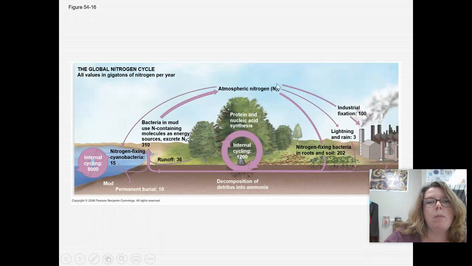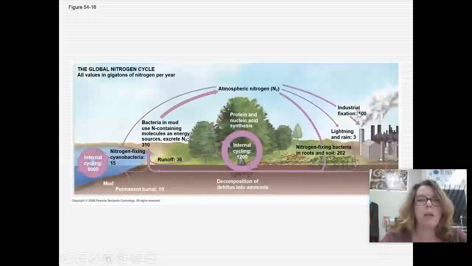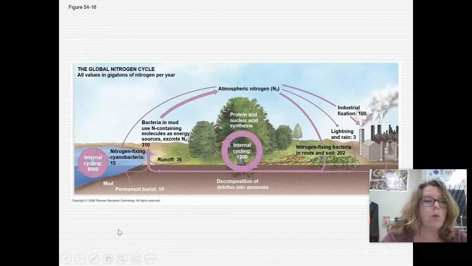Lightning also is capable of taking nitrogen out of the atmosphere and converting it into soil nitrates as well. And then there's industrial fixation, and this is done for the purpose of making fertilizers. Okay, so whenever you create fertilizers, you fix carbon industrially in a big chemical process.